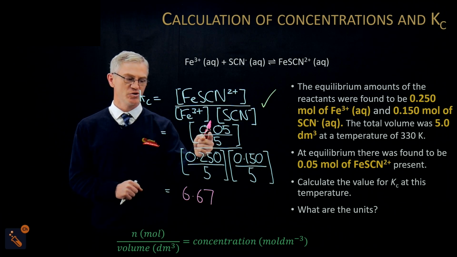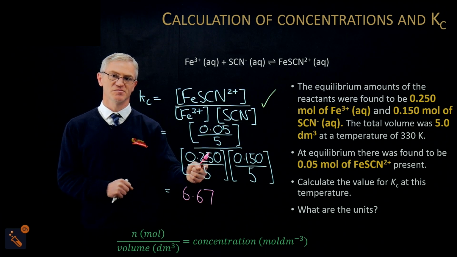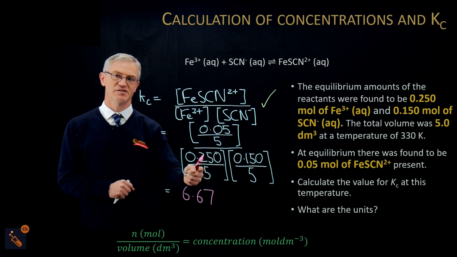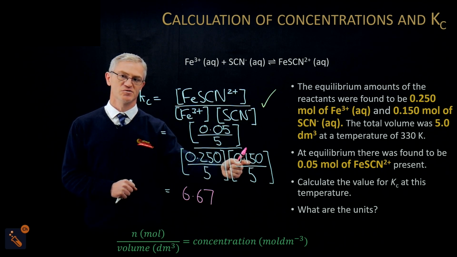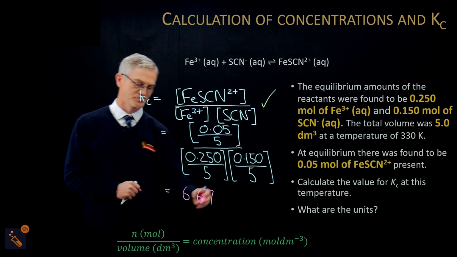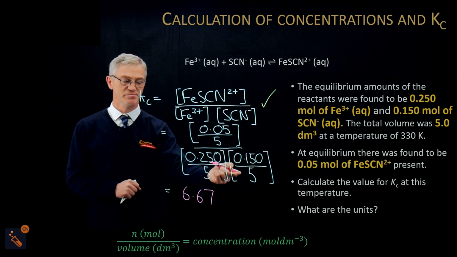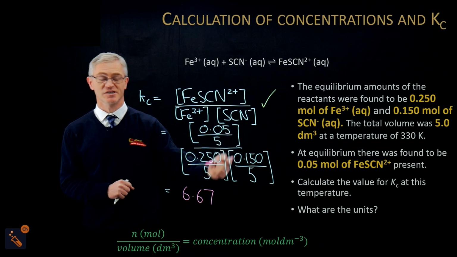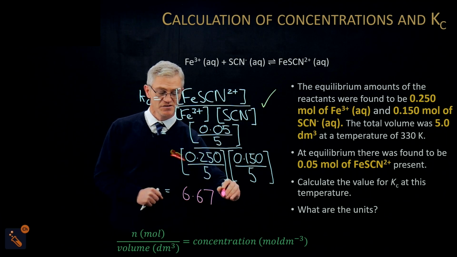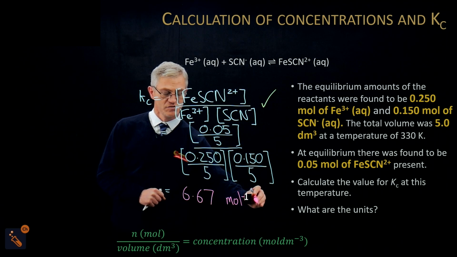So we've got a moles per decimetre cubed up here, a moles per decimetre cubed down here. Those will both cancel. That will leave you a moles per decimetre cubed at the bottom. If that's a moles per decimetre cubed at the bottom, we have to times it by -1 to get up to top. So that would be either moles -1 decimeters 3.